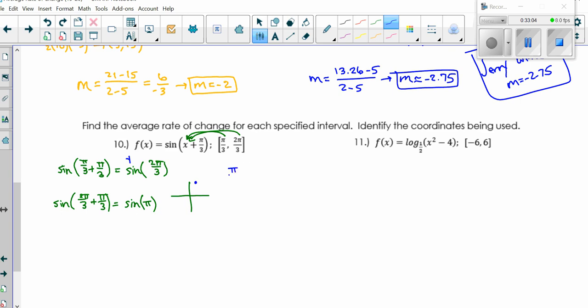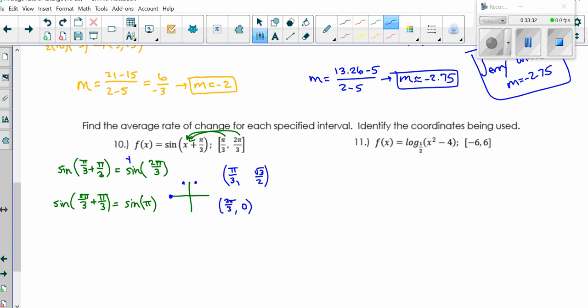So I'm going to say, okay, with an input of pi over 3, my output is root 3 over 2. But I need to determine if that's positive or negative. 2 pi over 3, if that's pi over 3, 2 pi over 3 is here, which means that the y value is still positive, so that's good. When my input is 2 pi over 3, my output, let's see, pi is here, and my y value, my height is 0.